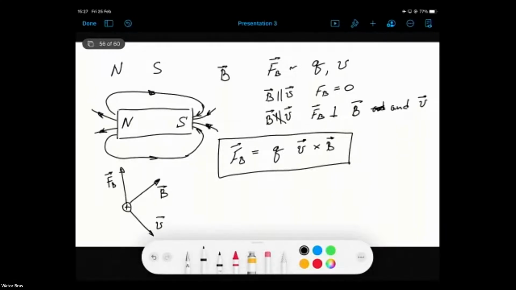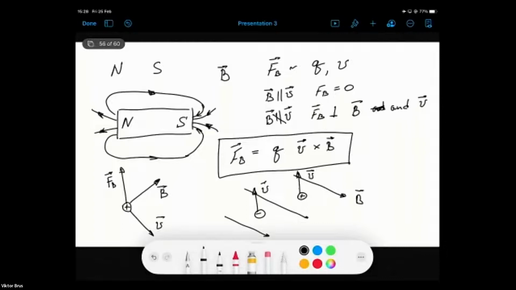And also, if we have two charges, one negative, one positive, and some magnetic field vector, and they both move upwards, so this is the orientation of the velocity vector for positive and negative charges, then it all comes from these vector product features.